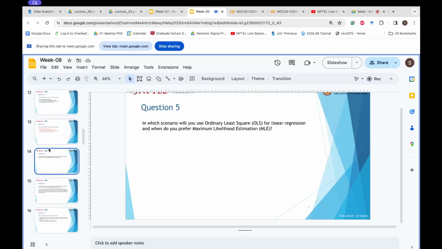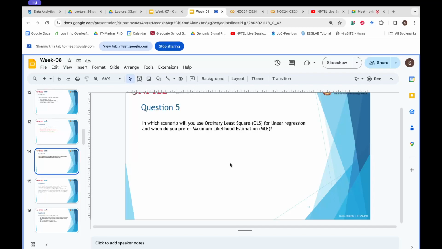Okay, so now this is a theoretical question. You may not get such kind of questions in your examination, but this is just to understand the concept, like in which scenario we use ordinary least square and in which maximum likelihood estimation. So maximum likelihood estimation, as we saw, can be used to estimate the parameters of any statistical model, including linear regression model, which is having these unknown parameters betas, beta naught, beta 1, beta 2, and so on up to beta n in the case of multiple regression.